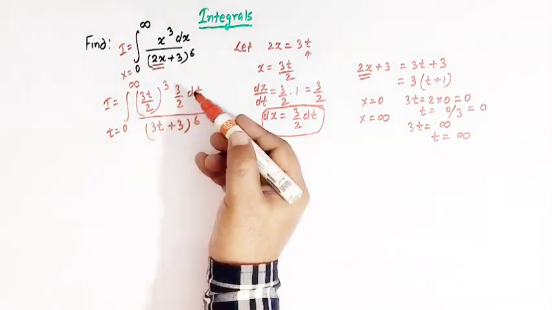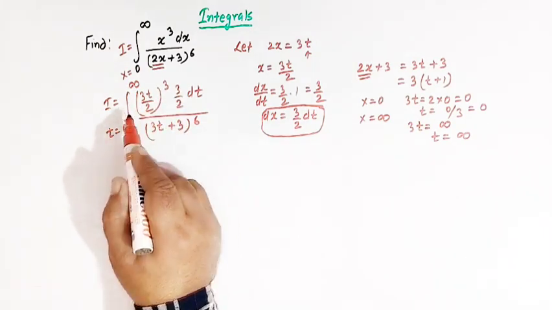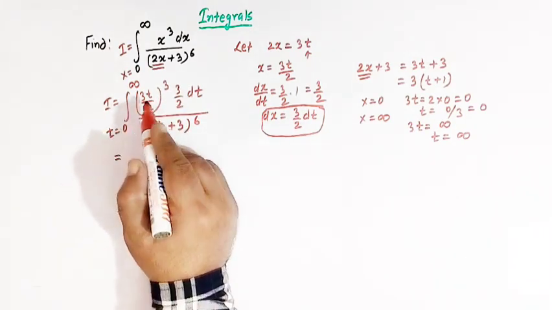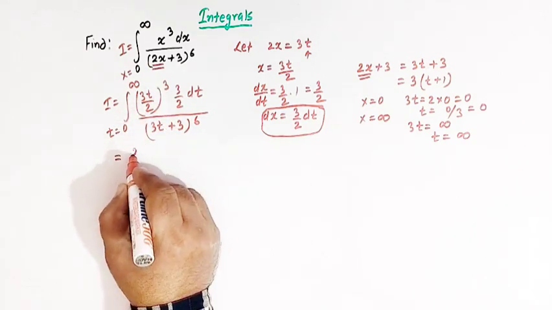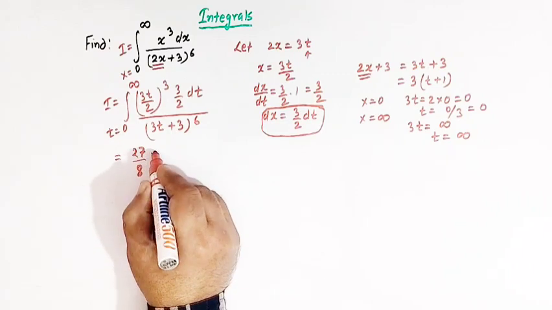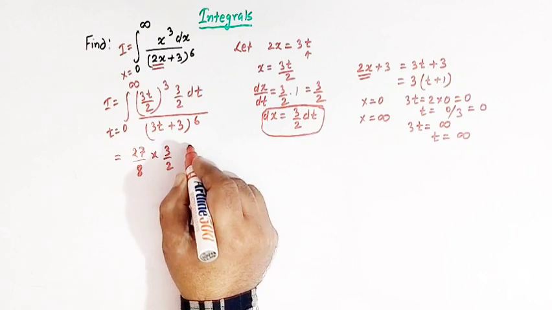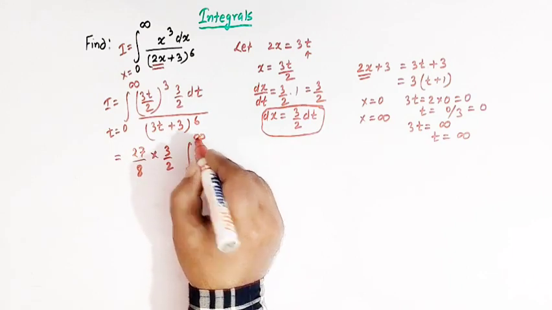So now what we have to do is take the constant terms out of the integral. Here we have 3 cube, 3 cube is 27, 2 cube is 8, and here we have 3 by 2, and now we have 0 to infinity.